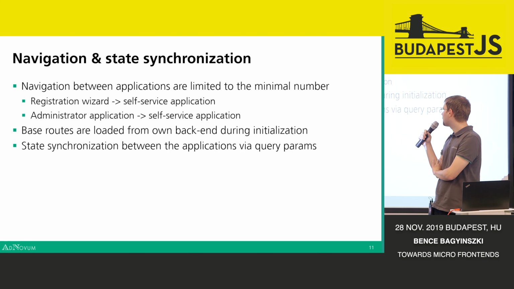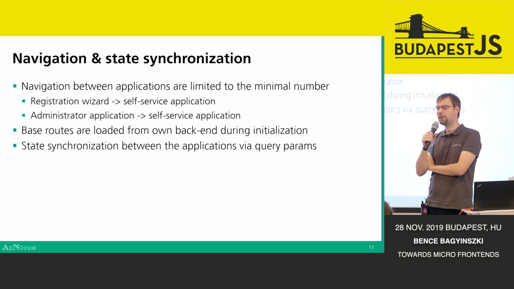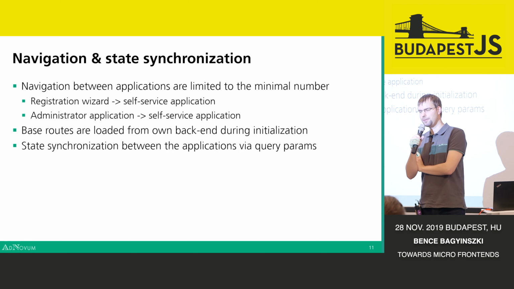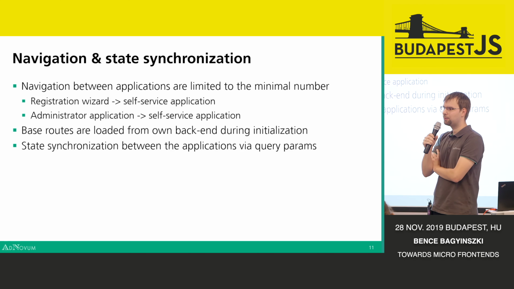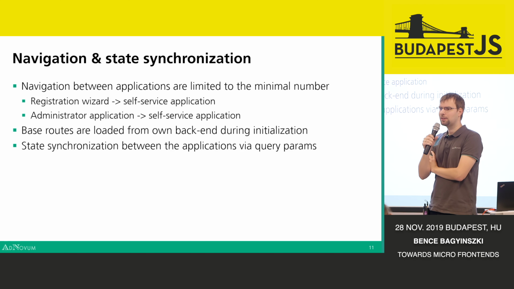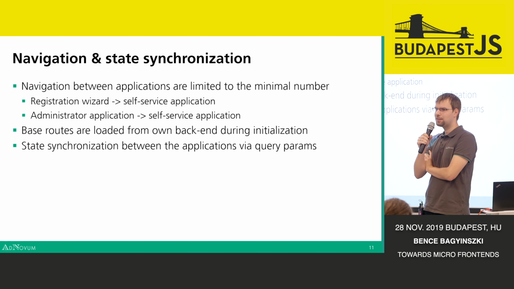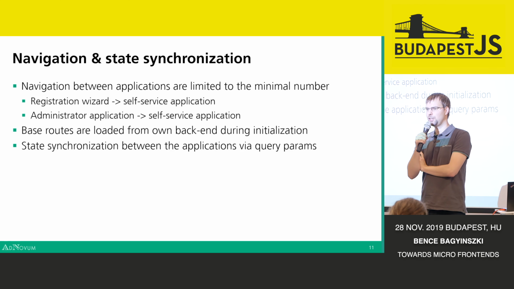So for this synchronization we used query parameters, which are processed by a navigation guard and removed from the URL. The process looked like this: the guard read these values, set some values in the store, and based on that it decided which page to show.